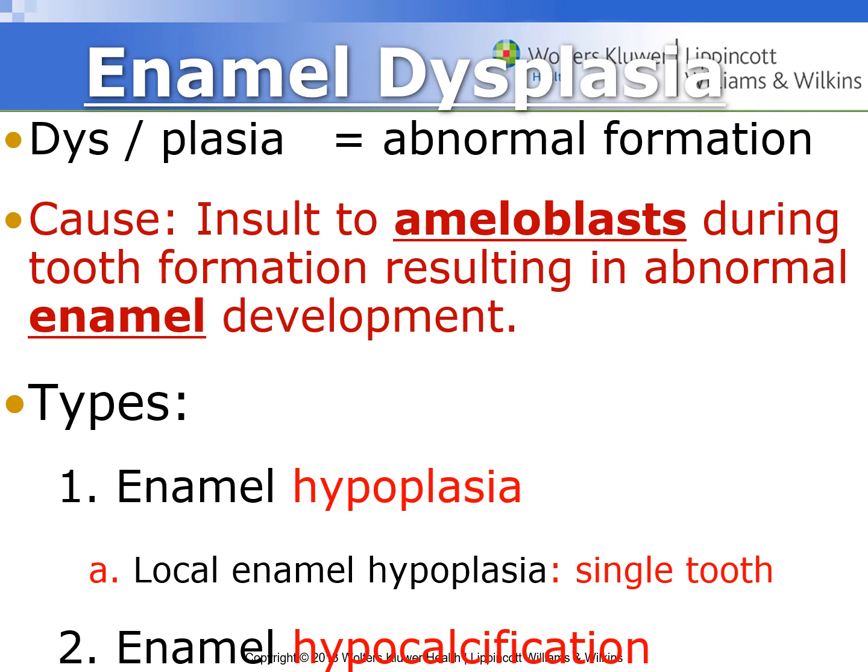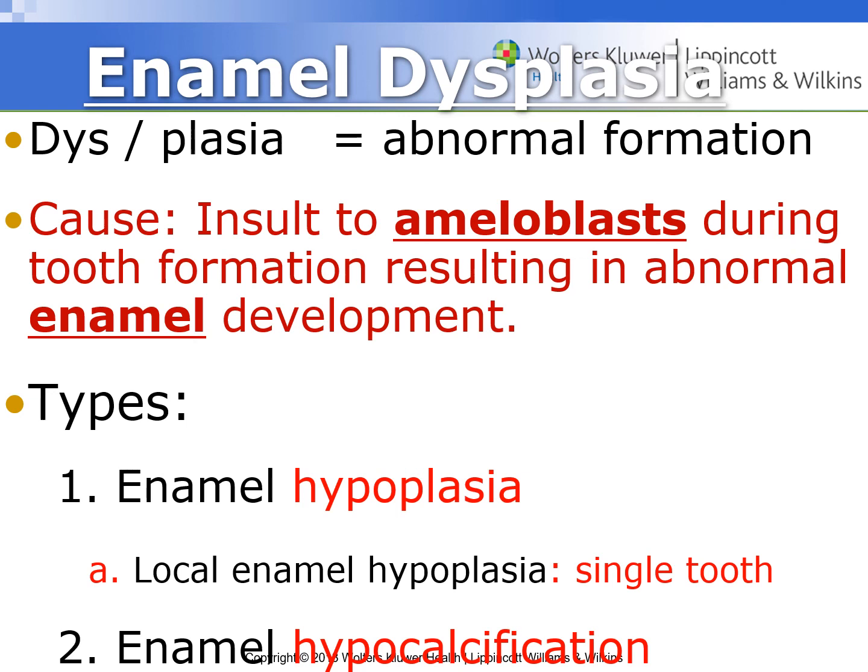So maybe when those cells are all developing the enamel, the child keeps spiking a high fever. Or maybe they hit their mouth and there's some kind of trauma. Any of that is called an insult. It stops those ameloblasts in their tracks for a minute until the insult goes away or gets better, and then it goes on forming again. So that can leave a mark on the teeth, and it's usually white.